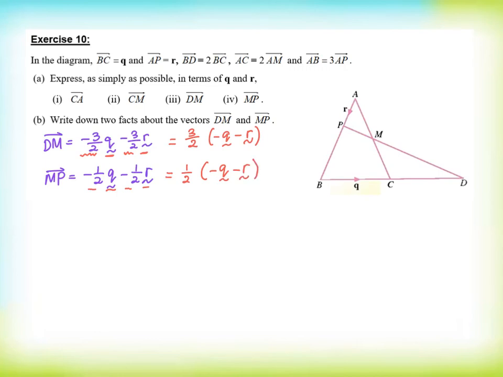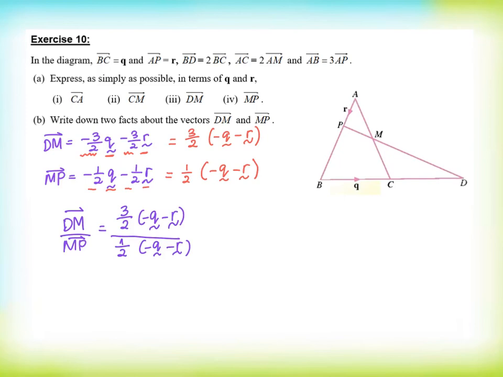What facts can we write about these 2 vectors? Now what we can do, we can find a ratio. So the vector DM over the vector MP is now given to be 3 over 2 times of negative vector Q minus vector R over half of negative vector Q minus vector R. What do you notice?